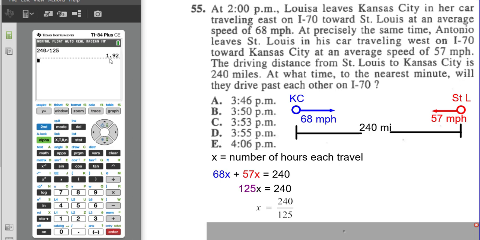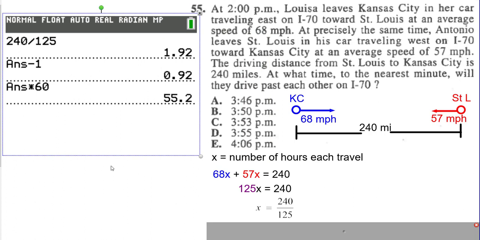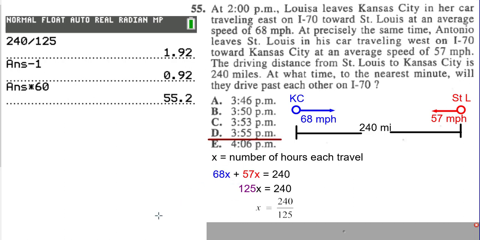So to figure out what that is in hours and minutes, what I like to do is subtract the 1 so that we have 0.92 of an hour and multiply that by 60 minutes per hour. And so we can see to the nearest minute it's going to be 55 minutes. And so an hour 55 past 2 o'clock would be letter D, 3:55 p.m. I really like this idea of how you can convert units that way.